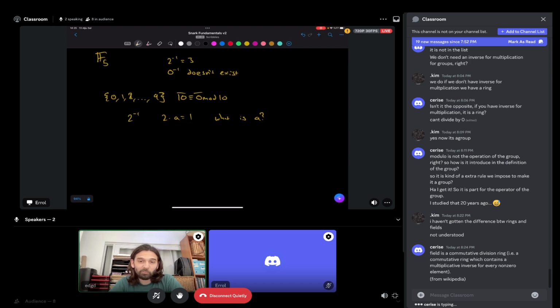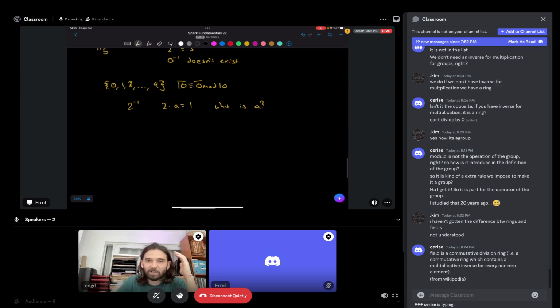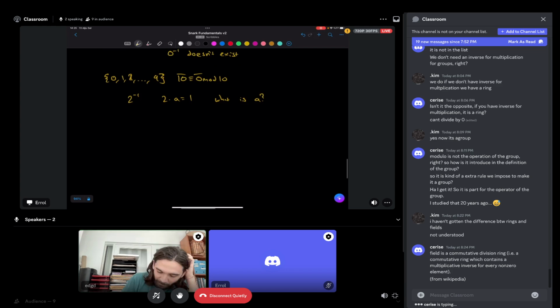The reason 2 can't have a multiplicative inverse is that numbers can be one of two things. They can have a multiplicative inverse, which we call a unit more generally, or they can be something called a zero divisor. Because you can do 2 times 5, which equals 10, which is the same as 0, getting from 2 to 0 by multiplying with a number from the set, it can't be a unit.